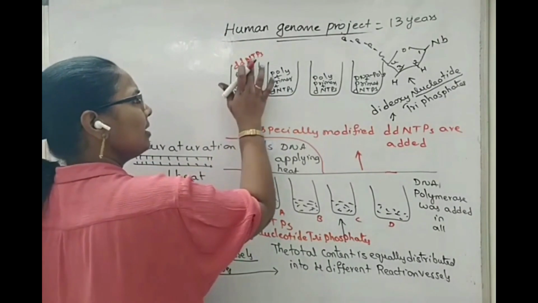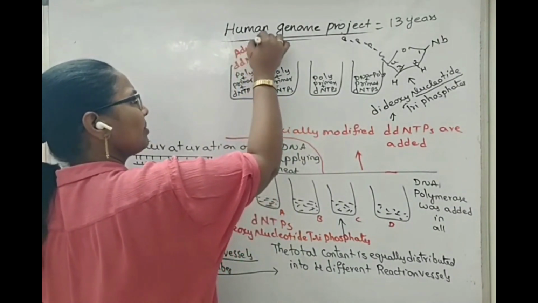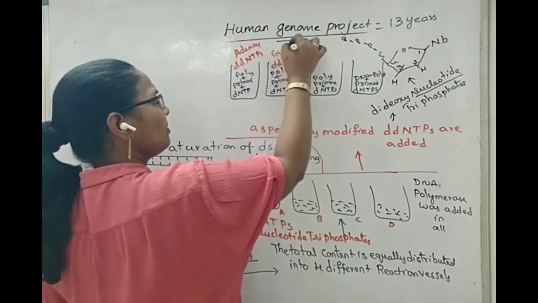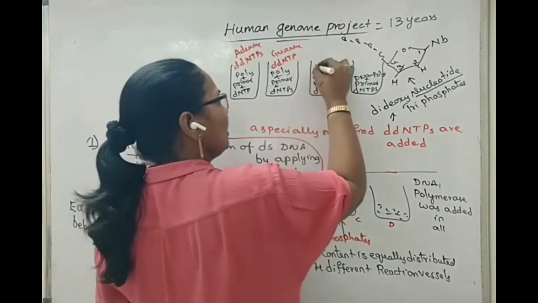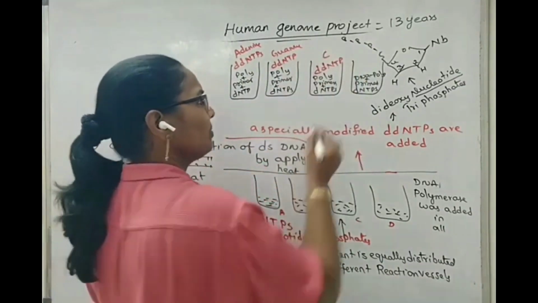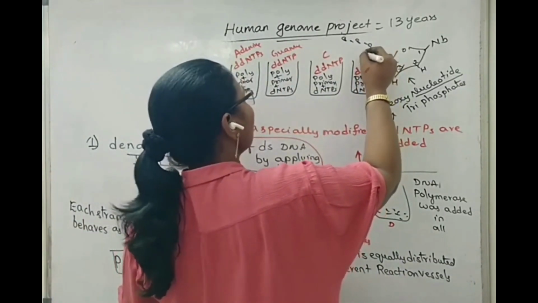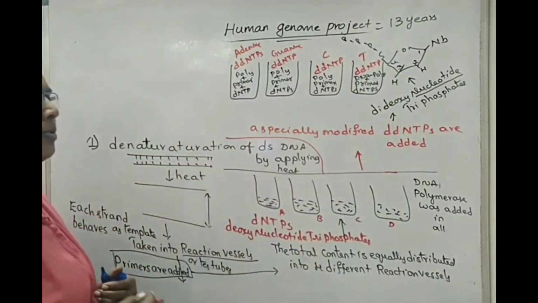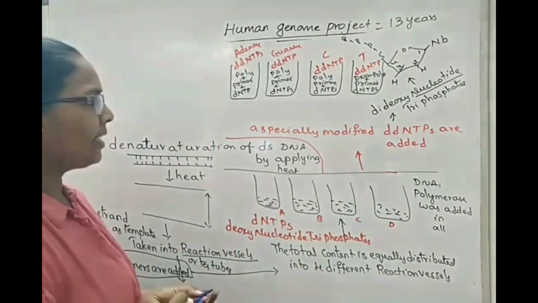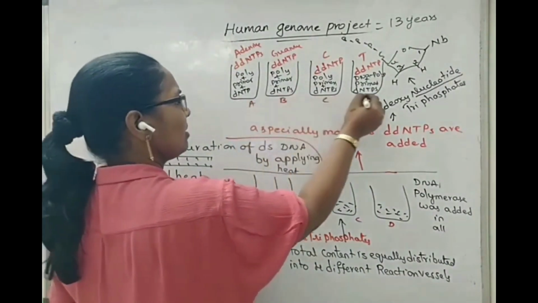Suppose think that this nucleotide triphosphate has the nitrogen base adenine. Here ddNTPs are added, it is having guanine. Here also ddNTPs are added. Here the nitrogen base is cytosine. Here also ddNTPs are added. Here the nitrogen base is thymine. 4 different types of nitrogen bases are specially modified in the ddNTPs and added to the 4 reaction vessels. This is A, B, C and D.